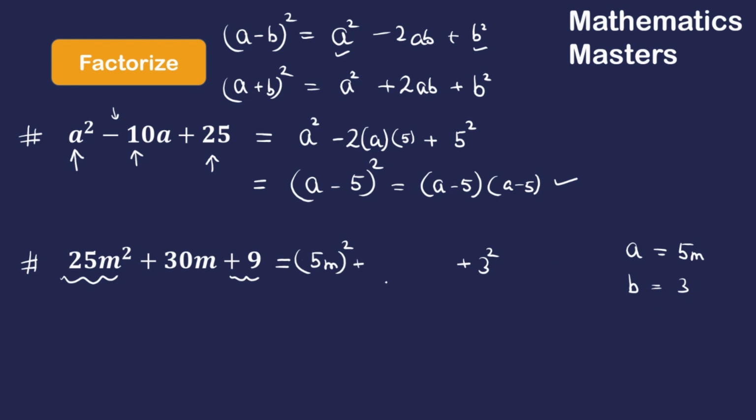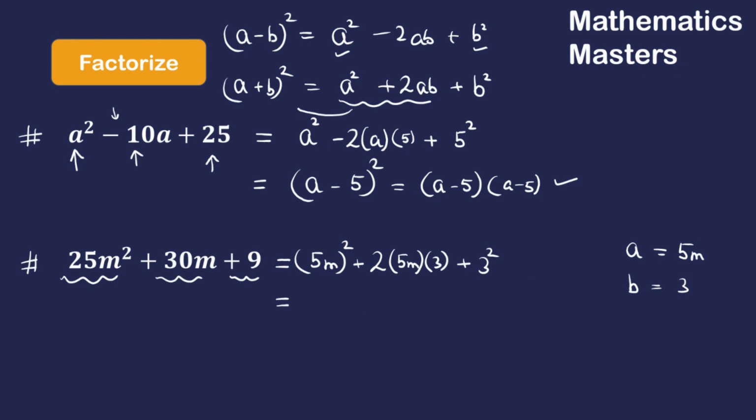Let's write the middle term. If we apply the identity, we can write the middle term as 2 times the first term, which is 5m, times the 3. And we have to check: is 30m equal to 2 into 5m into 3? Yes, 5 times 2 is 10, 10 times 3 is 30. 30m is the correct one.